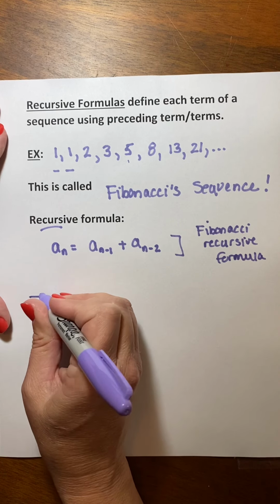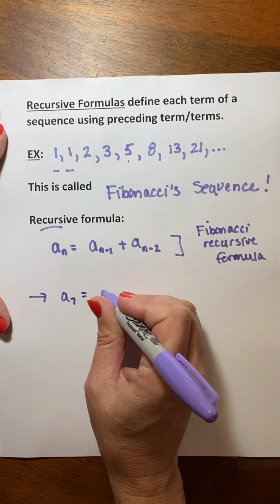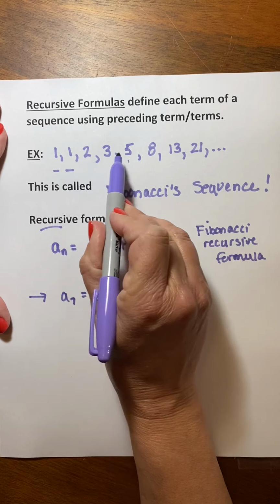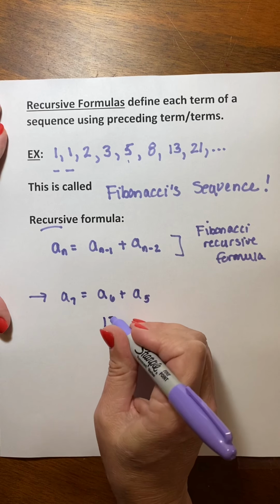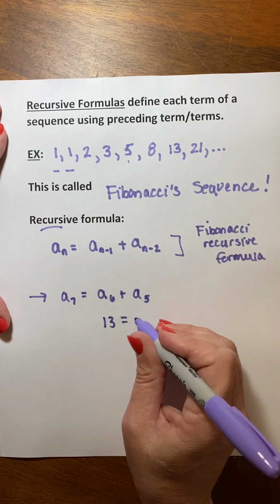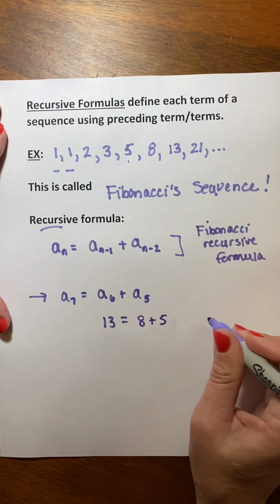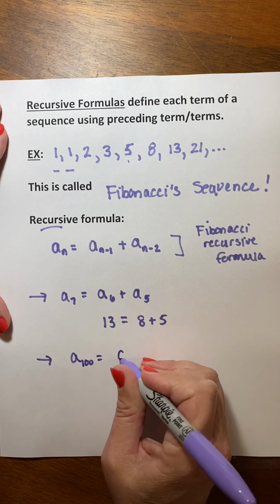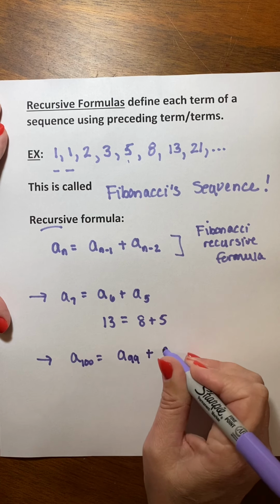So if I wanted to know the 7th term, it would be the sum of the 6th and the 5th. So 1, 2, 3, 4, 5, 6, 7. So 13 is equal to 8 plus 5. If I wanted to know the 100th term, I would need to know the 99th and the 98th.